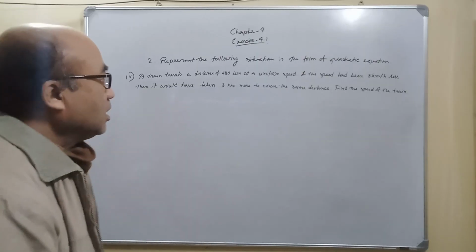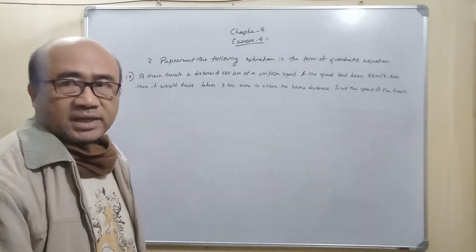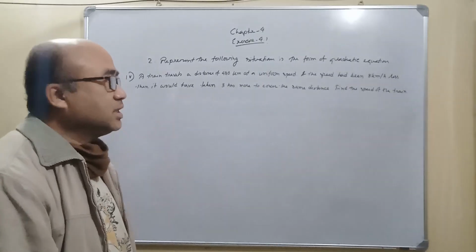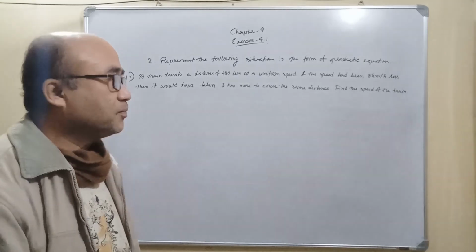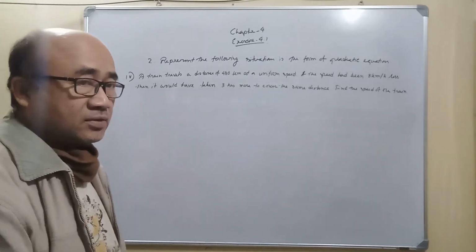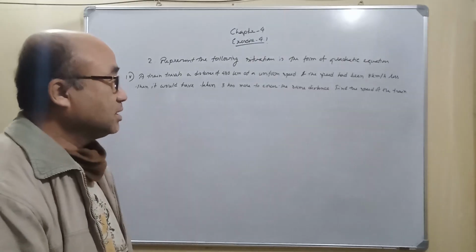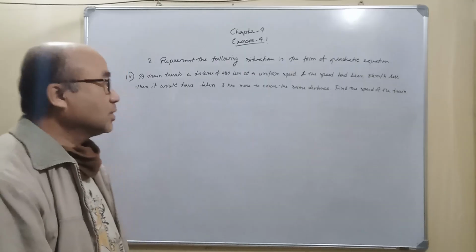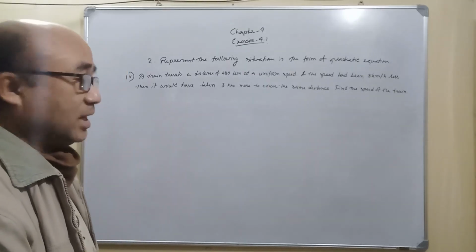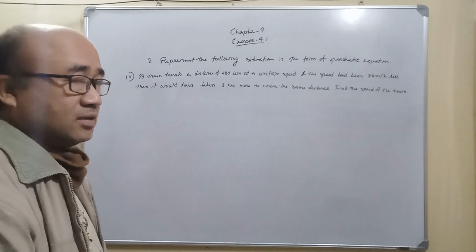See, to solve problems like this, first read it very carefully. First read the problem very, very carefully and try to understand what it says. If you cannot understand the problem, you cannot solve it. So first step is to understand what the problem is saying.